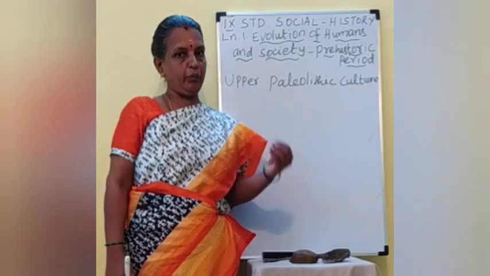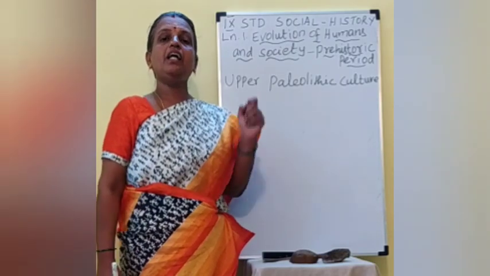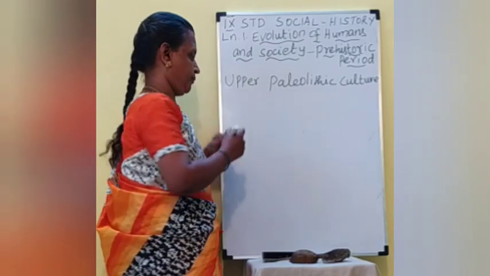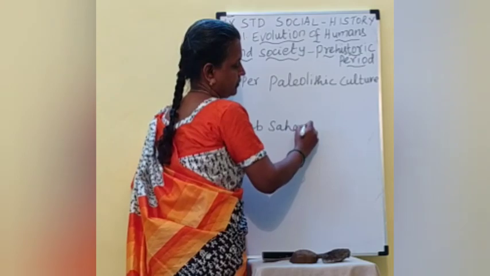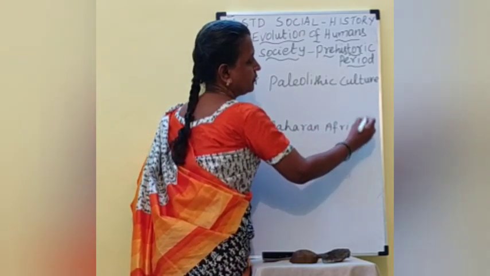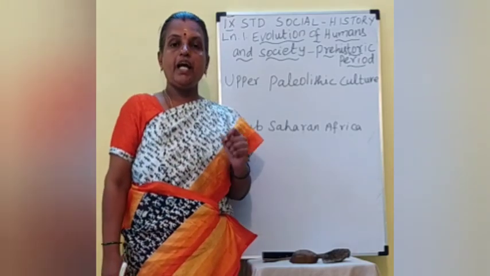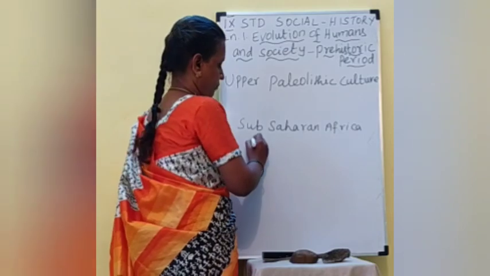The modern humans who appeared first were sub-Saharan Africa people. They appeared around 3 lakh years ago.